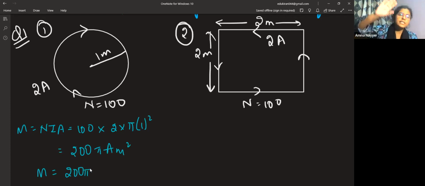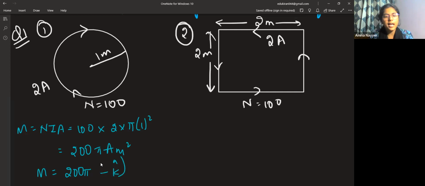Now the complete answer would be 200 pi. Take your right hand, curl your fingers along the direction of current. Current is going like this. Yes, clockwise, this is how the current is flowing. So when we curl our fingers, the direction of magnetic moment will be in this direction. Curling it, the thumb is pointing inwards, minus k cap, negative z axis.